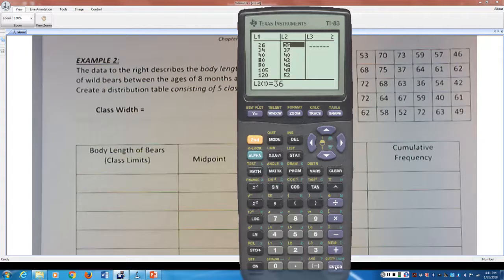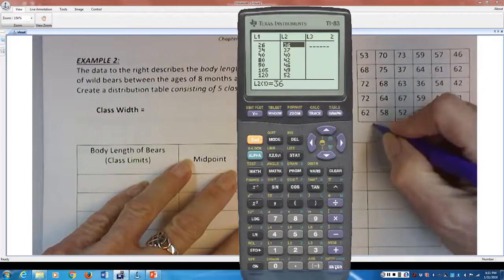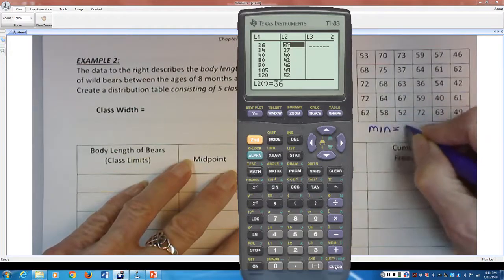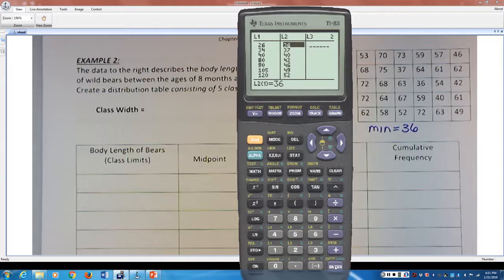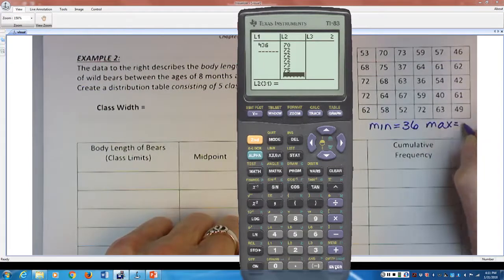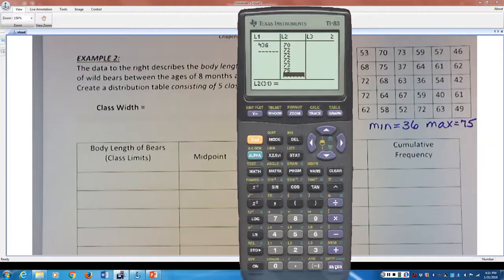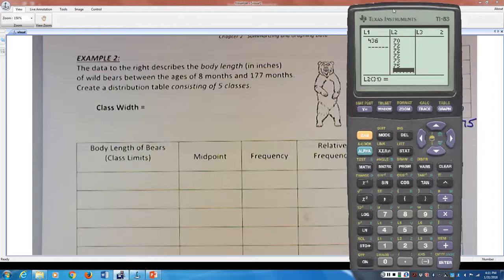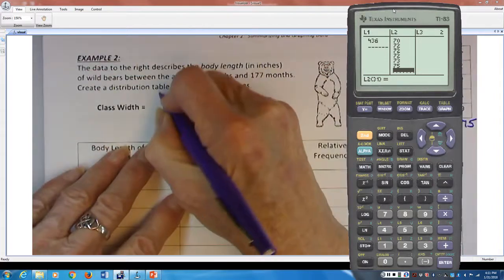So my minimum data value is 36. My maximum bear length is 75. Everybody find that okay? Okay, class width. Now we're ready to make class width. 75 minus 36.